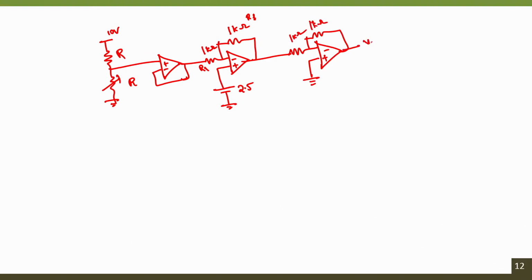This will completely convert 5 to 10 volts, which has an offset of 5, so the offset can be removed and we achieve 0 to 5 volts as a linear varying output.